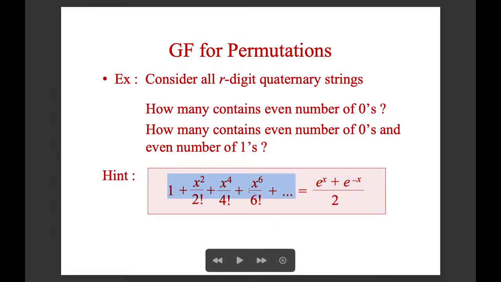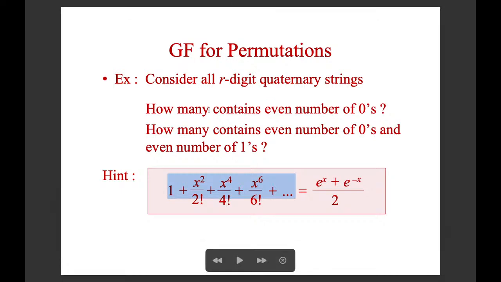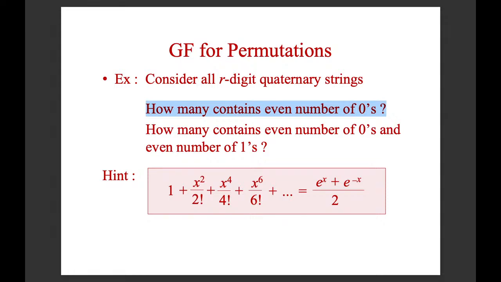So the EGF for the zeros should look like this: 1 plus x squared over 2 factorial plus and so on. We can relate this with e to the power x and e to the power minus x. We can obtain this by averaging e to the power x and e to the power minus x. Once we have this, we can obtain the EGF for 0 and also the EGF for 1, 2, 3. They are all e to the power x, right?